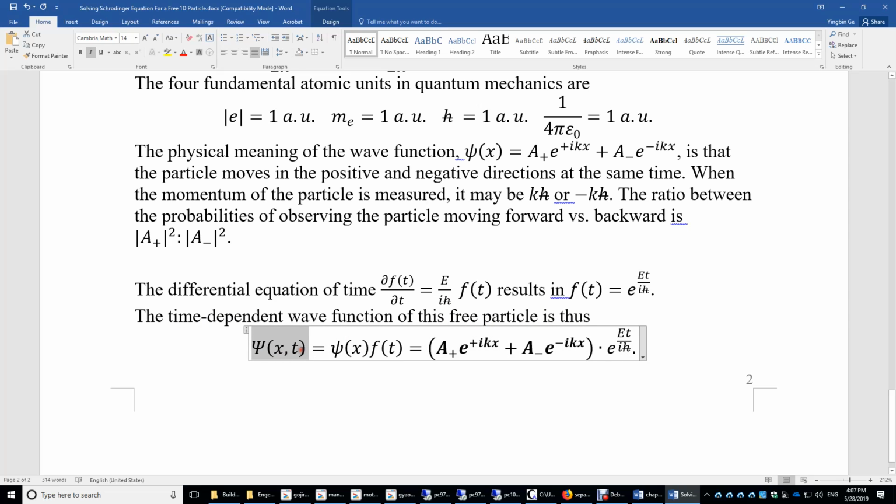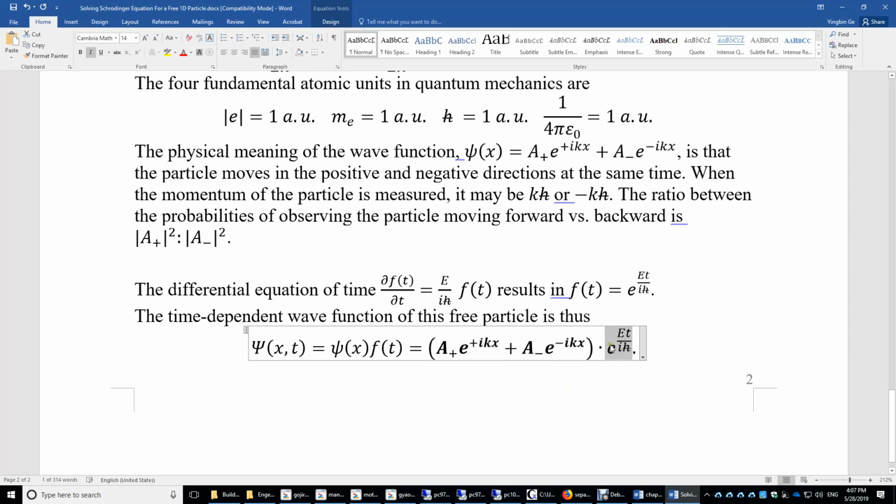The total wave function here, which is time-dependent, is equal to the product of the time-independent function of x times the function of time. And over here, this time-independent wave function is of the most importance in undergraduate physical chemistry. So we're focused on this one. But also here it gives you the function of time.